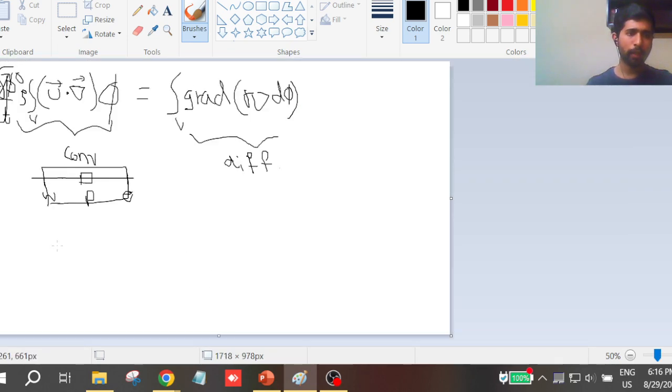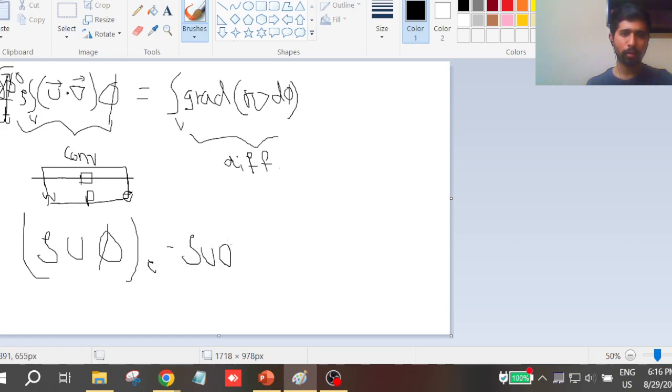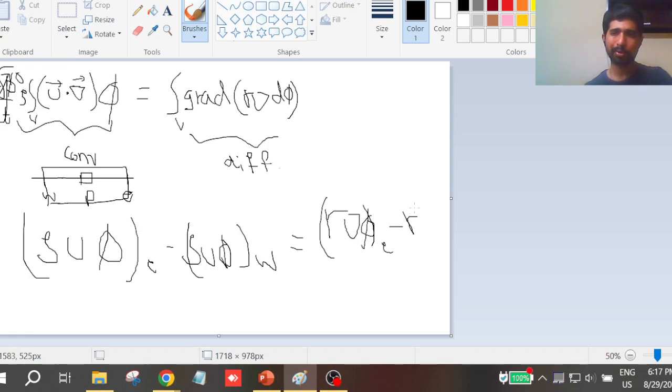What you will get is rho u into phi on east minus west is equal to tau into divergence of phi, again east minus west. I have ignored A here, assuming Ae equals Aw, so I have cancelled it out.